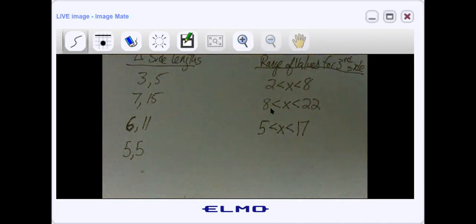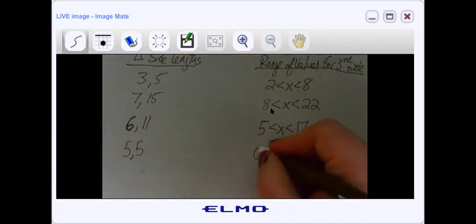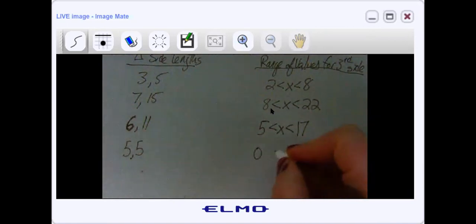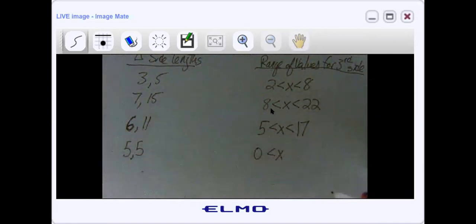Oh, 0. Thank you. The first number comes by just subtracting the two sides. So I know this third side has to be bigger than 0, which makes sense, right?